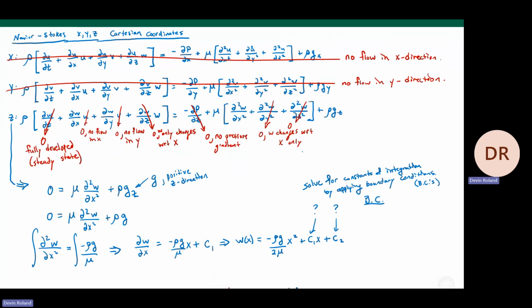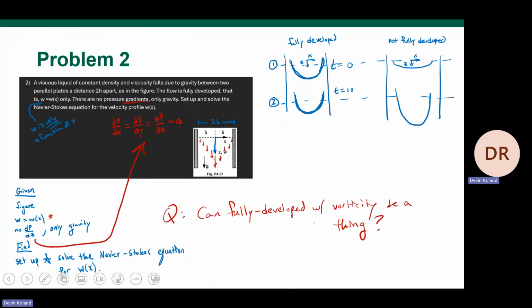Okay. Number one, first boundary condition is the velocity at negative h, which, if you look at this picture, negative h is at the wall and positive h is at the wall, since the origin is in the middle of the two plates.